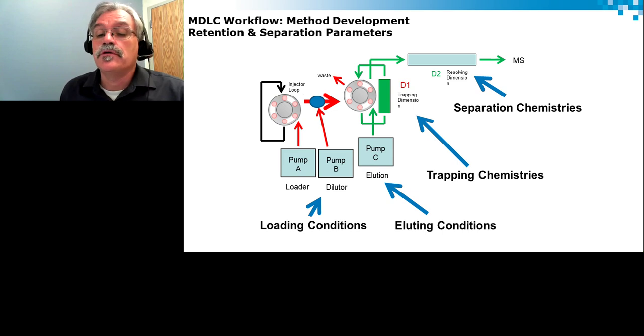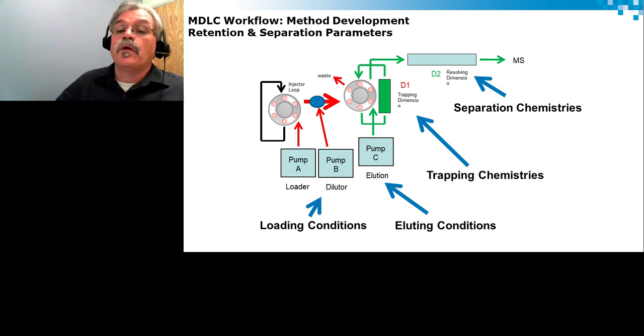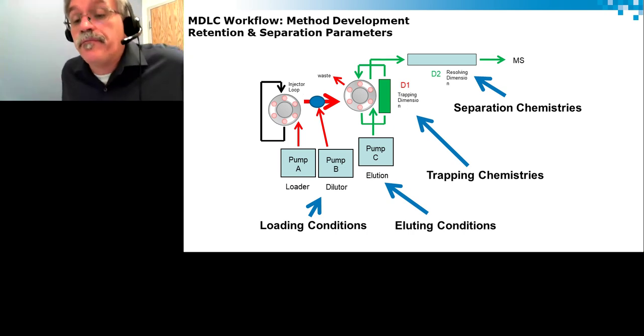Now, each circuitry here will have conditions that need to be addressed. We need to understand how to load and how to elute, and which trapping chemistries and which separation chemistries. It could be a daunting task.